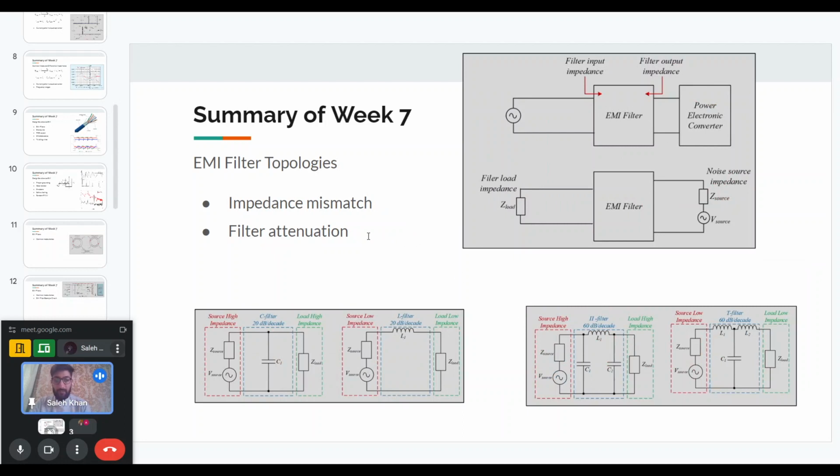So now there can be different topologies of these EMI filters. To decide which topology we want to use, we have to understand the impedances of the converter and the load, which in this case will actually be the voltage source that we have.